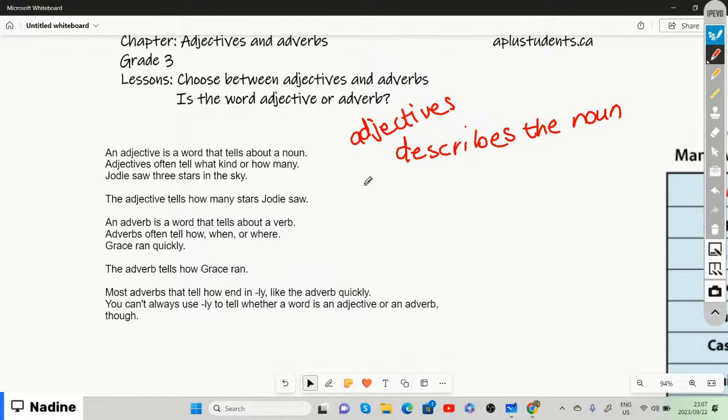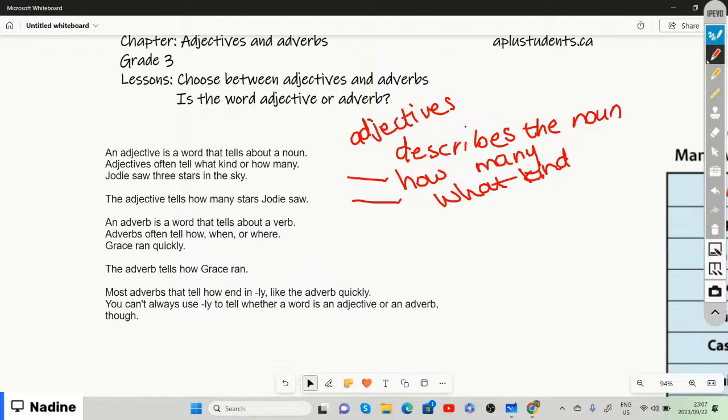With adjectives, they will either tell us how many, or they will tell us what kind. So how many means that it will maybe say there are a lot of stars in the sky, 3 stars, 10 stars in the sky.